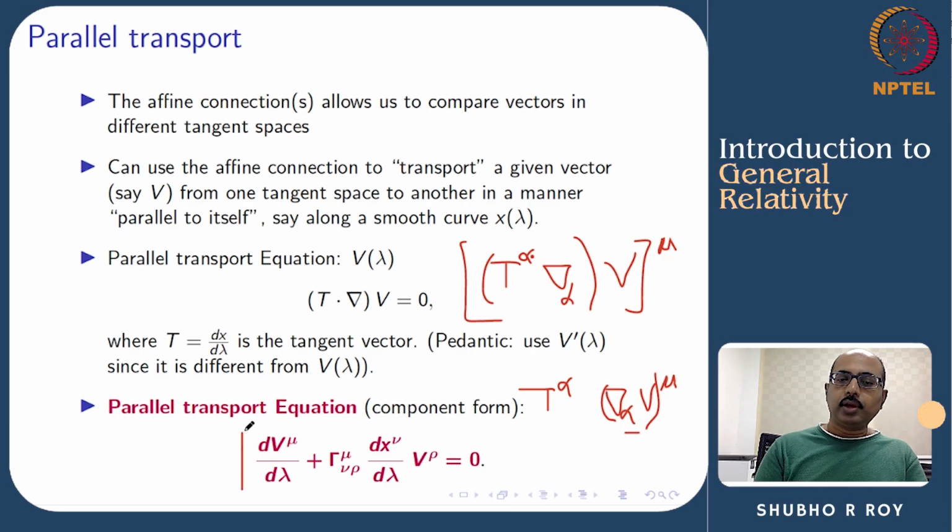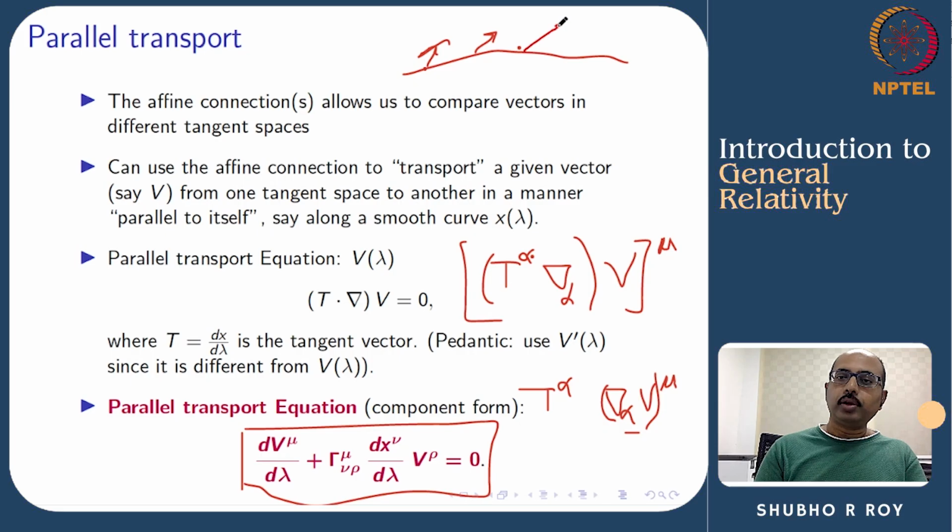So this equation in the bold fonts is called the parallel transport equation, and this is the component version. All the indices have been indicated. As I said, physically this represents a vector where, as a starting point, we have some vector, and then we construct a new vector at each point which satisfies this equation.